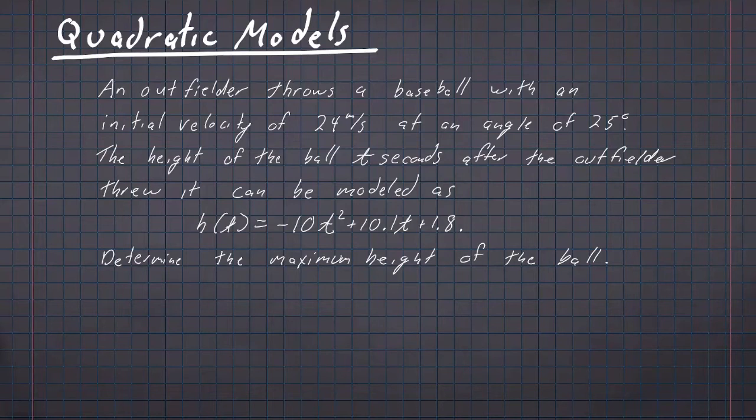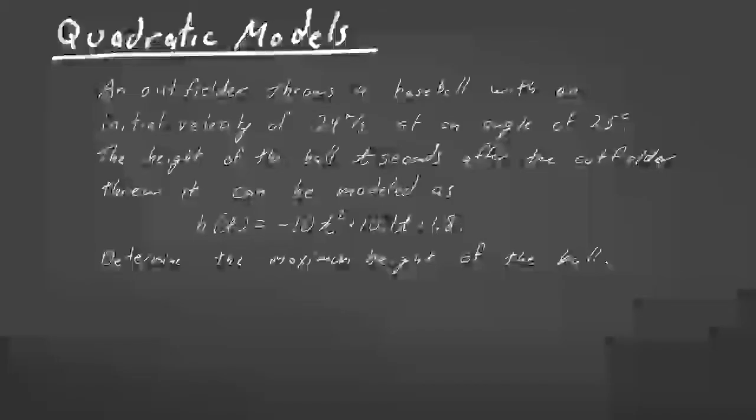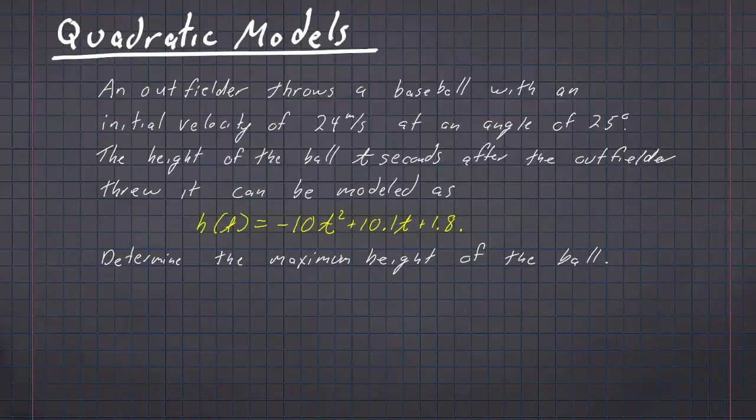The first thing I want you to notice looking at this situation is that the function is given to us. We have to do no work to set up the function, which is convenient for a couple of reasons. Not the least of which is that the values of 24 meters per second and the angle of 25 degrees are already factored into this expression.